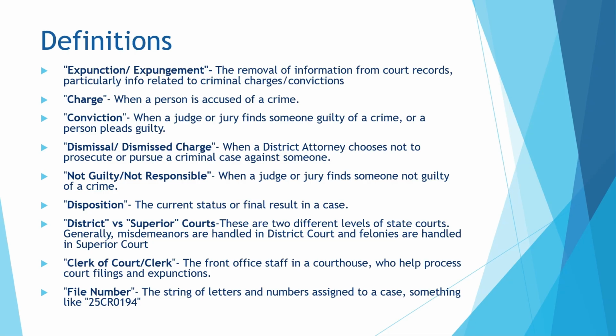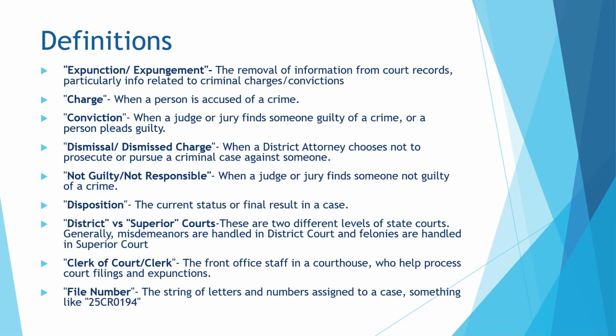So what am I talking about when I say charges versus convictions? A charge means you were accused of a crime. Your local DA filed charges against you, but it doesn't necessarily mean that you ended up getting convicted. A conviction is when a judge or a jury finds you guilty of a crime or you plead guilty.